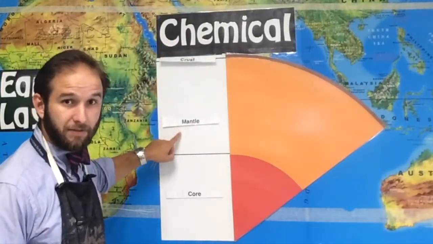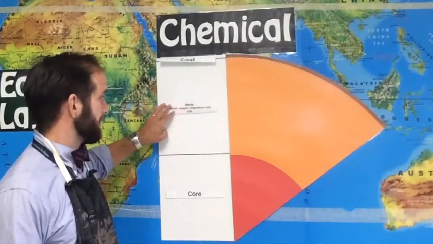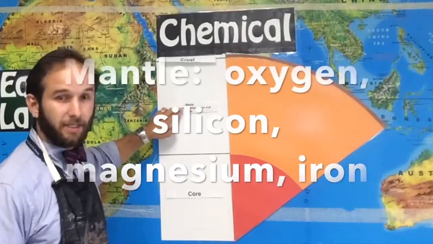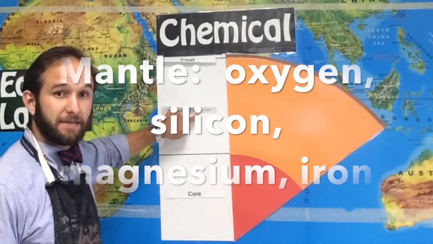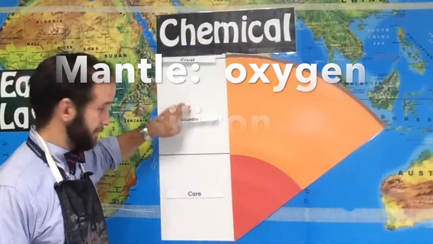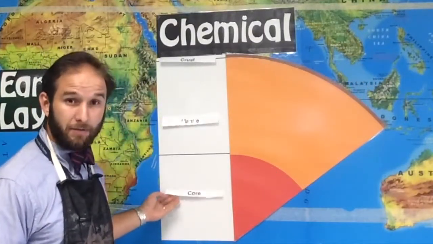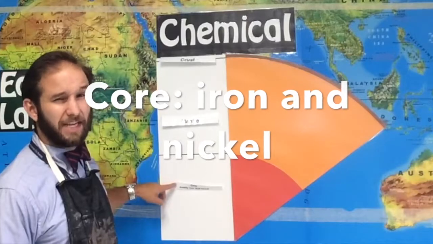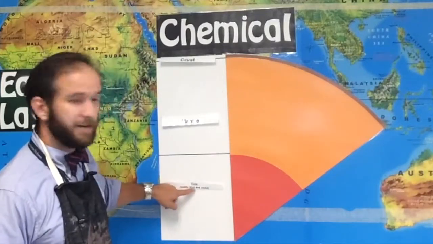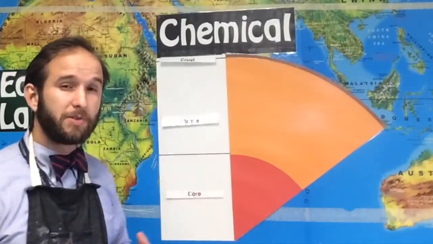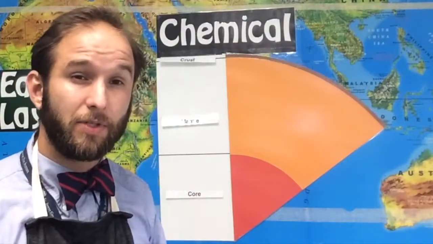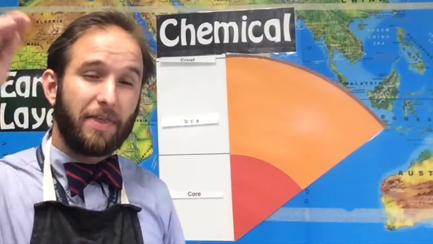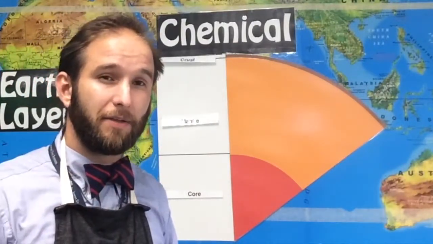The mantle adds a couple other things in the mix. It has oxygen and silicon, but it also has magnesium and iron. And the core, well, the core is iron and nickel. Iron and nickel make up most of the core. So two different ways to think about layers of the Earth.